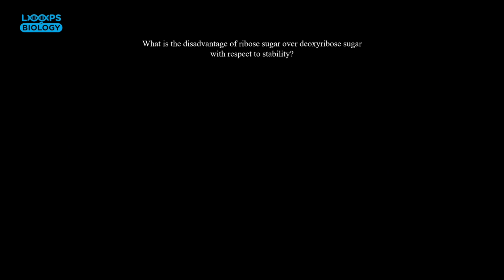Coming to the next part, what is the disadvantage of ribose sugar over deoxyribose sugar? As we have seen, deoxyribose sugar was part of DNA, while ribose sugar was part of RNA.